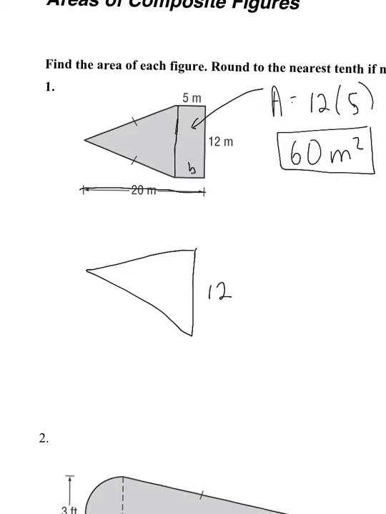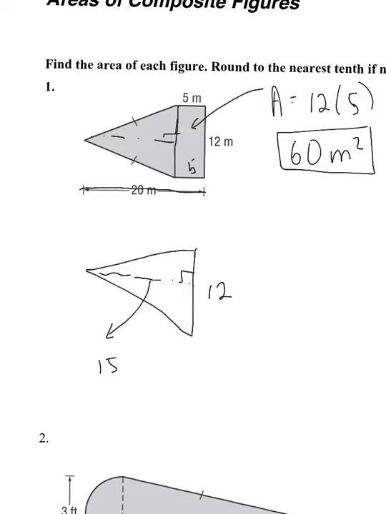This is 5. So do we agree the height is in the middle? It's perpendicular to the base. So the height will be 20 minus 5, which is 15. So this height over here is 15.